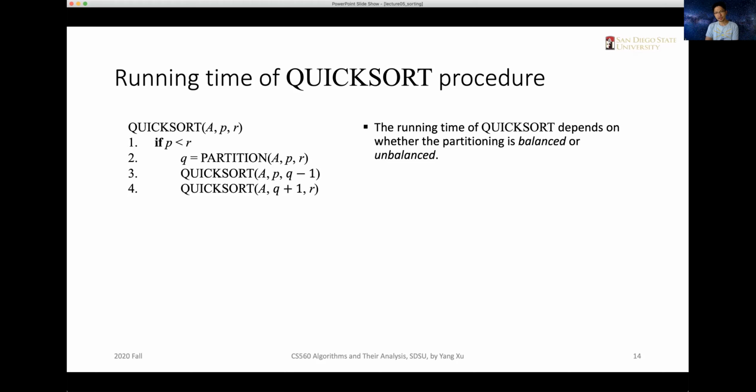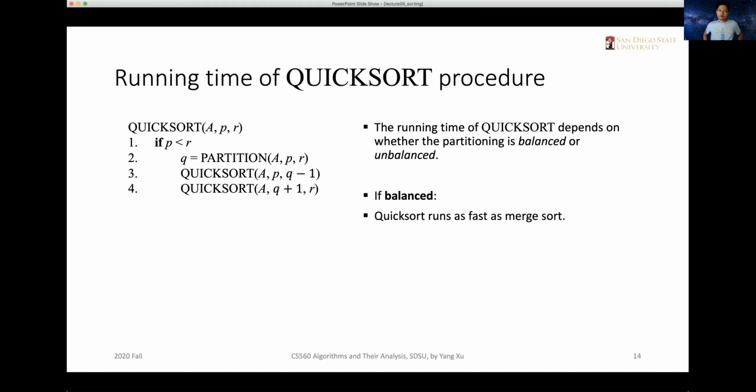Okay, but for quicksort, we really don't know the results of the partitioning. We're just choosing some number, which is the element at the tail of the input array, and we partition the array into 2 halves. But we really don't know whether it's evenly partitioned or it is unbalanced partitioning. Okay, so we need to analyze the two cases independently.